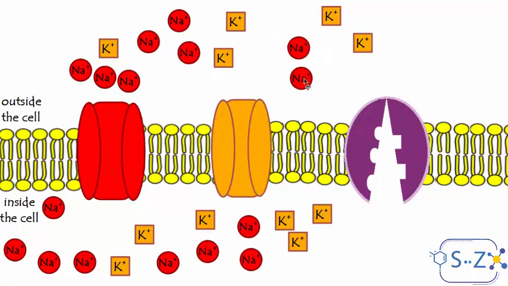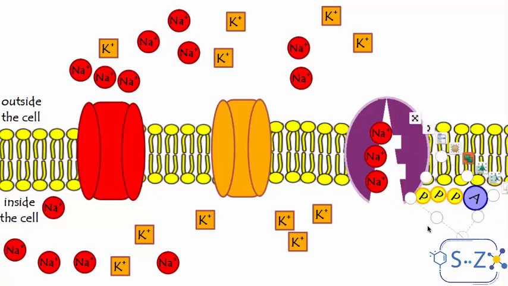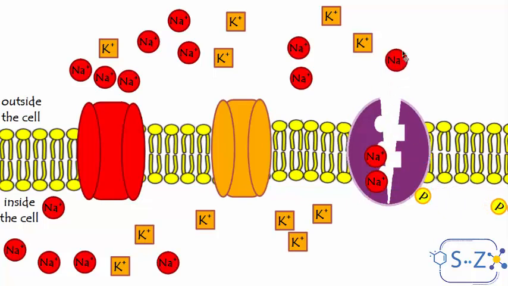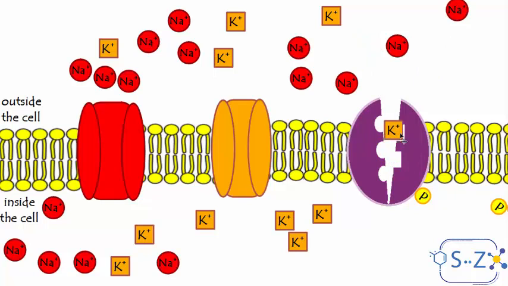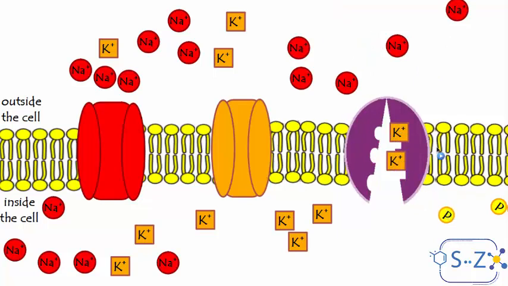And at the same time, the Na plus K plus pump also works in order to return the balance, where Na plus ions move against the concentration gradient with the help of ATP, and K plus ions also move against their concentration gradient to get inside the cell.